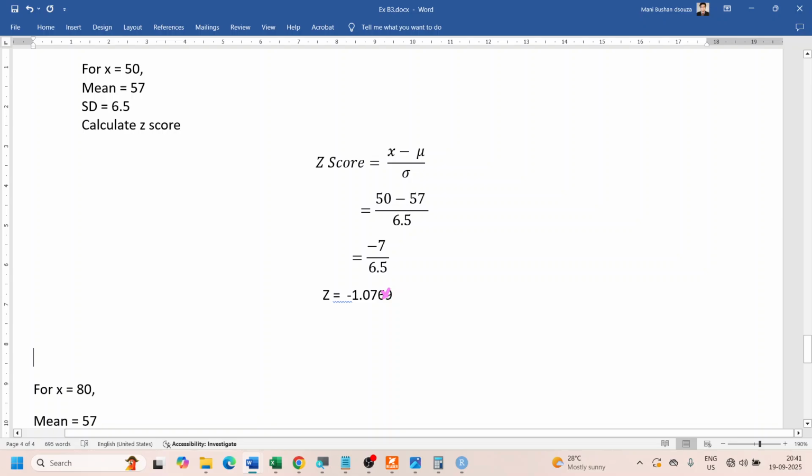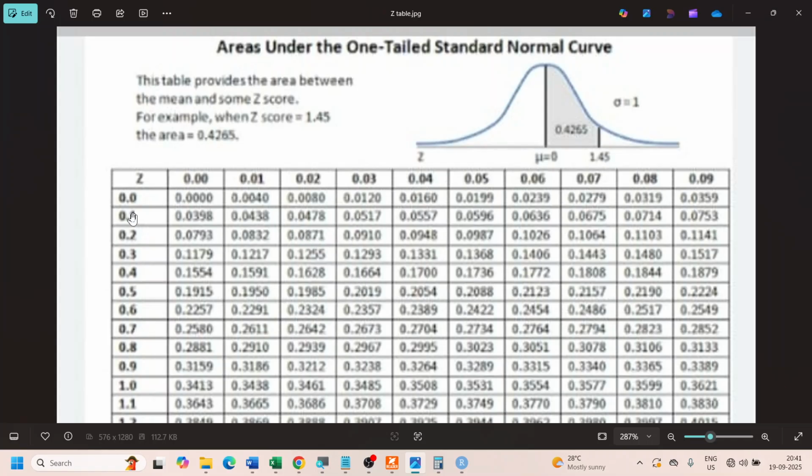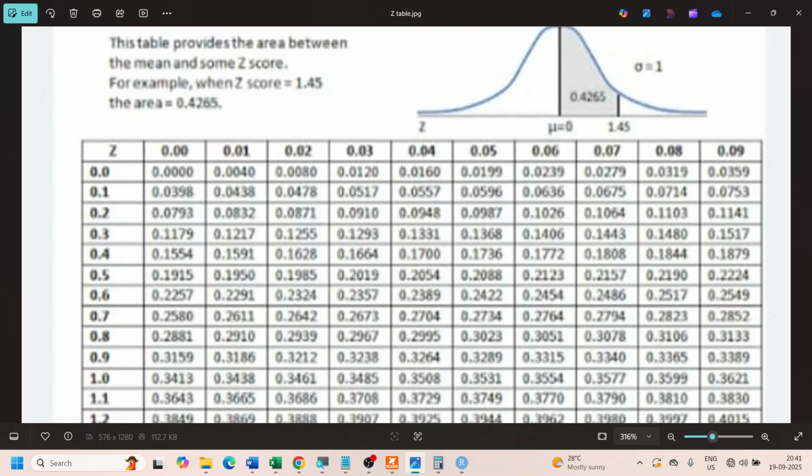That will create an approximation error. That's okay. So I will take this as 1.07, 1.0 and under 7. Let's look at the one that is given. 1.0 is given here, 1.0 is given here. So 1.0 under 0.7.